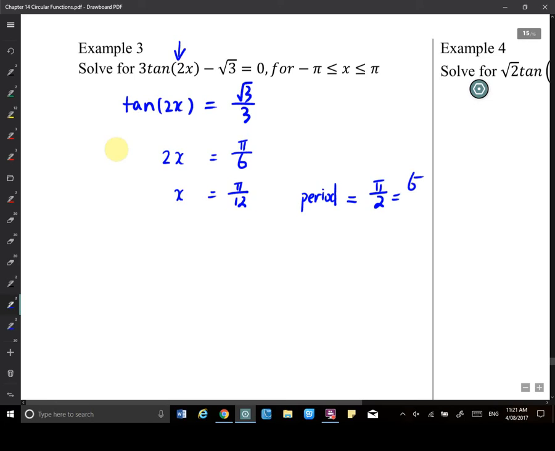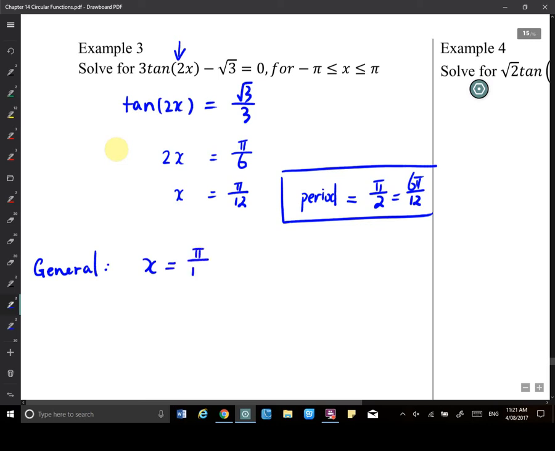I can say that's 6 pi on 12 because I'll make it the same denominator and it looks better. So the general solution will be pi over 12 plus pi on 2 k, where k belongs to Z.